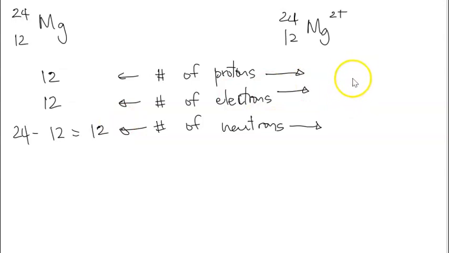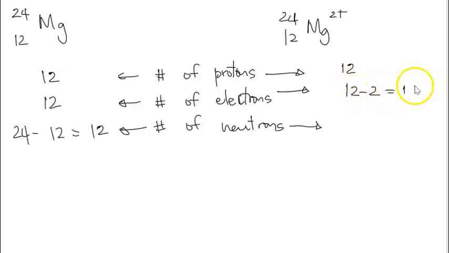Let's look at our ion. Protons, they do not change. Electrons, when we have positively charged ions, it means that we have lost electrons. So if in our neutral atom we had 12 electrons, the 2 plus is telling us that we have lost 2 electrons. So that would have been 12 minus 2.